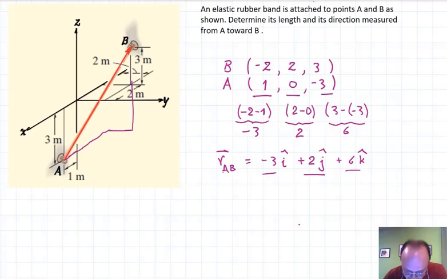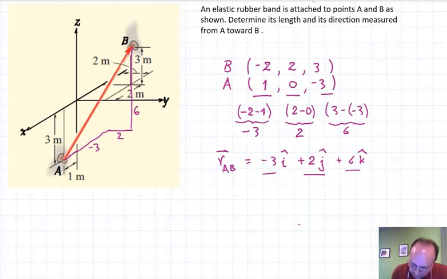So it will be something like this, and then we get to point B. Let me put that one a little better here. Okay. So this will be -3, 2, 6. That's how you go from A to B.